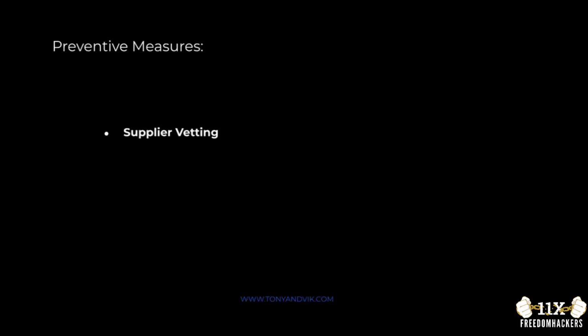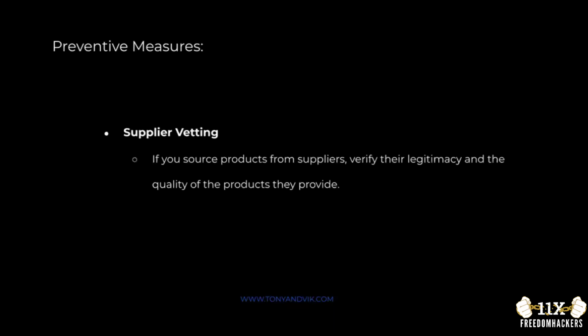So, supplier vetting. If you source products from suppliers, verify the legitimacy and the quality of the products that they provide. And that's another thing: let's say that we do our part in terms of selling and listing, but maybe the supplier is doing something that they shouldn't be doing.